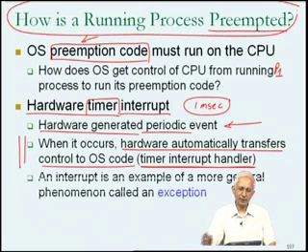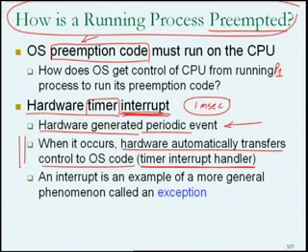In fact, the hardware timer interrupt which I talked about is merely an example of a more general phenomenon known as an exception. I'd like to spend a few minutes talking about exceptions before we move forward.